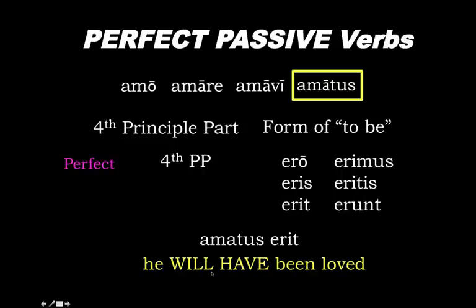Finally, to make the future perfect tense, we follow the same pattern. We take the fourth principal part still, and then we add the future form of to be, which is ero, eris, erit. And once again, it's two separate words. The person is indicated by the T on the form of to be, and this would now be translated as he will have been loved.